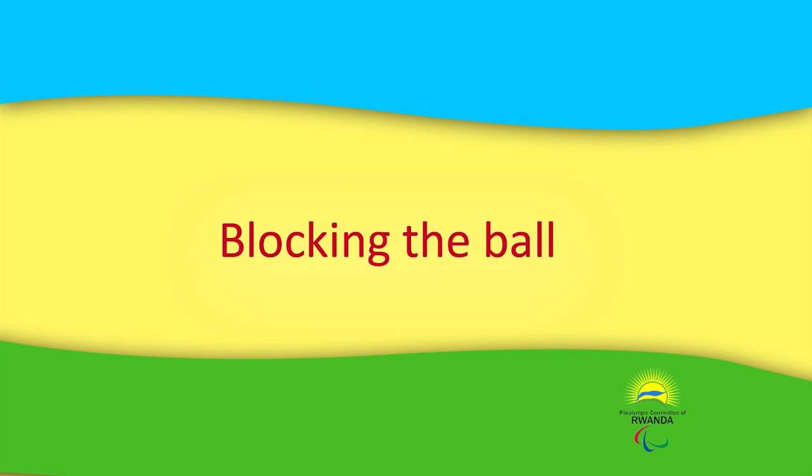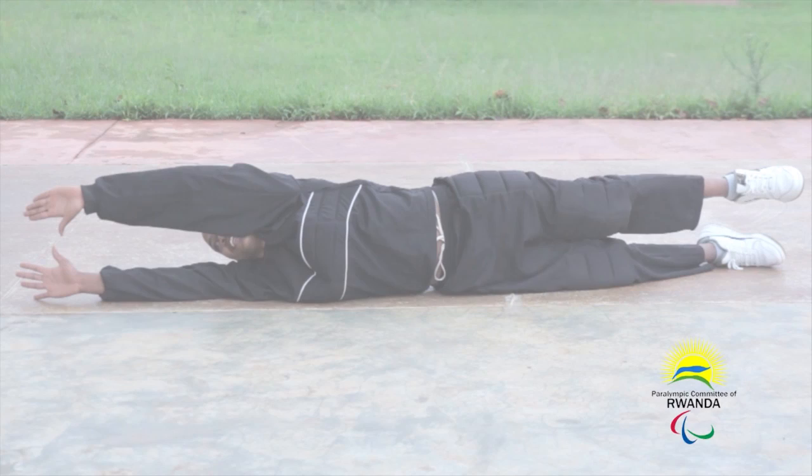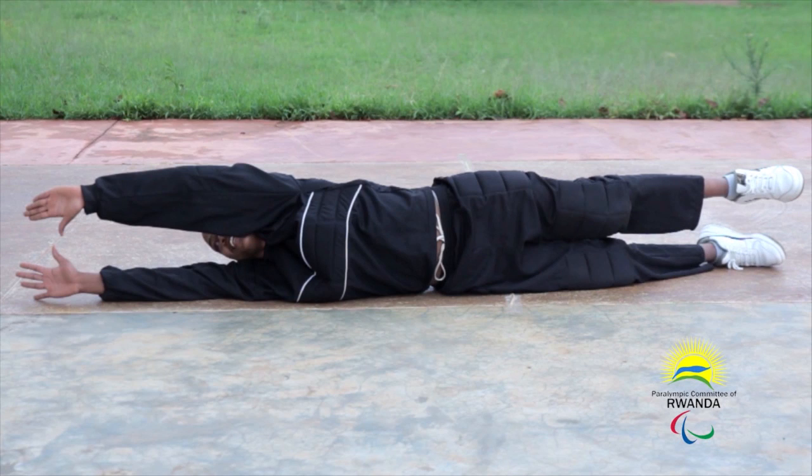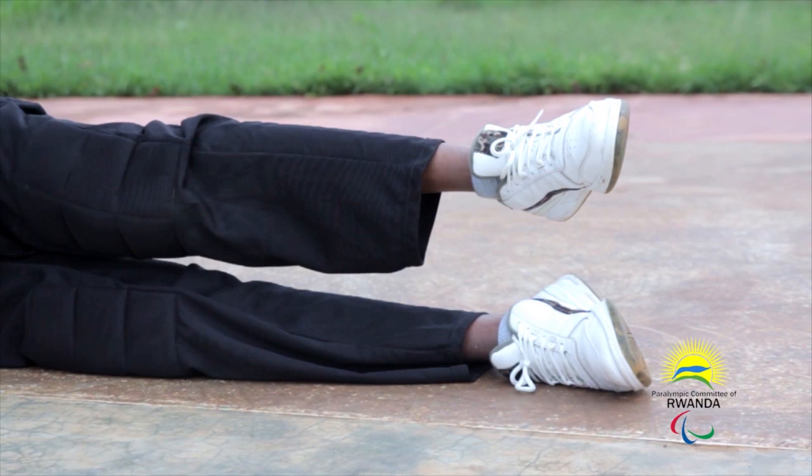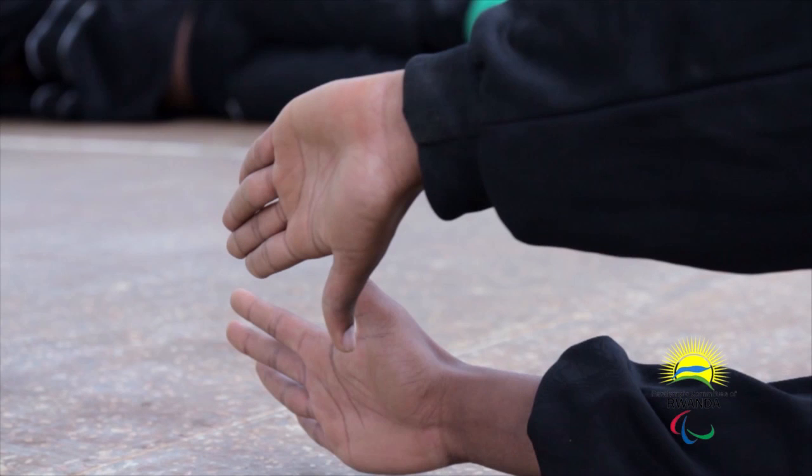Blocking the ball. The best way to block the ball is to lie down stretched out on the side. The player's legs, arms, fingers, feet and upper body shall be completely stretched, having the fingers spread.